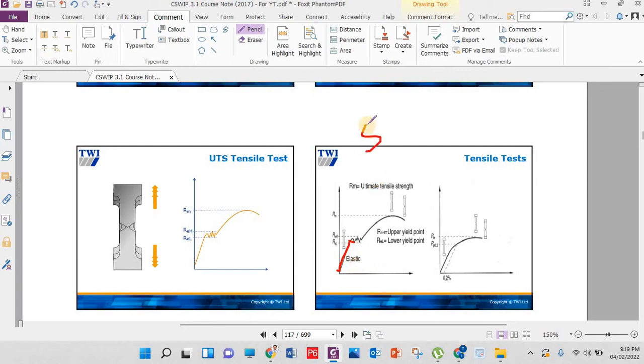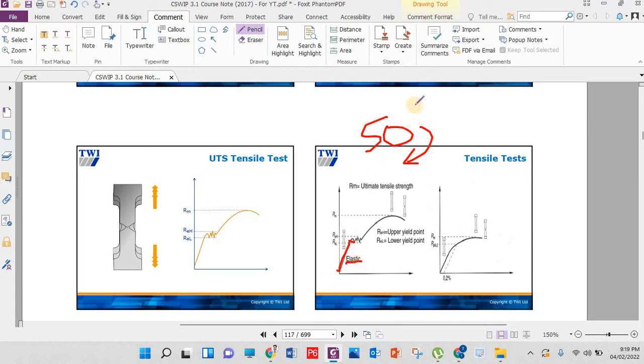Like if the material length is 50 millimeter, I apply a very small load, then I finish the load, then it will return to its original state of 50 millimeter. This is known as the elastic limit. If a material comes back to its original position, it is known as elasticity.